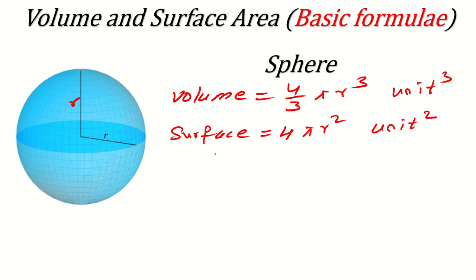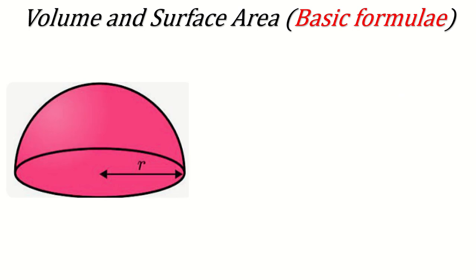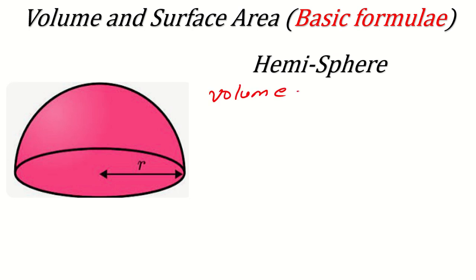Only these two things are for the sphere, but you will have to be very careful for hemisphere, meaning half sphere. Its volume is no problem, it will be half of the volume of a sphere, so 2 over 3 pi r cube, unit cube. For volume there is no problem, but surface area will be of two types now. Curved surface area means this upper side, what you can see like this.